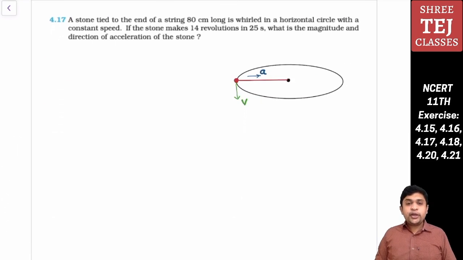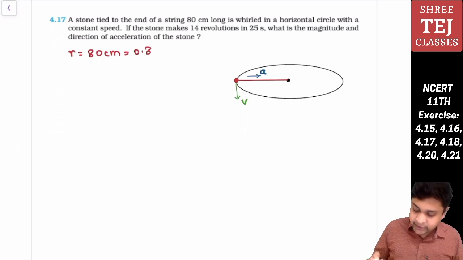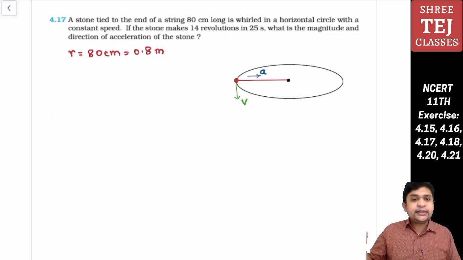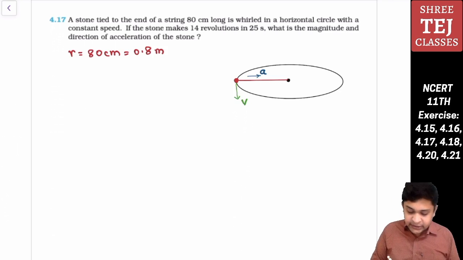Question 4.17. A stone tied to an end of a string 80 centimeter long, so R is 80 centimeter, which is 0.8 meter, is whirled in a horizontal circle with constant speed. So speed V is constant. If the stone makes 14 revolutions in 25 seconds, let us find the speed first.